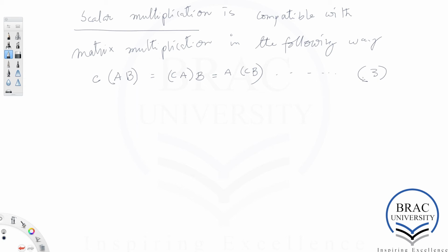Now an important fact is the commutativity law. The commutativity law means if you have well defined products of matrices, then AB is equal to BA, okay, but this generally does not hold for matrix multiplication.